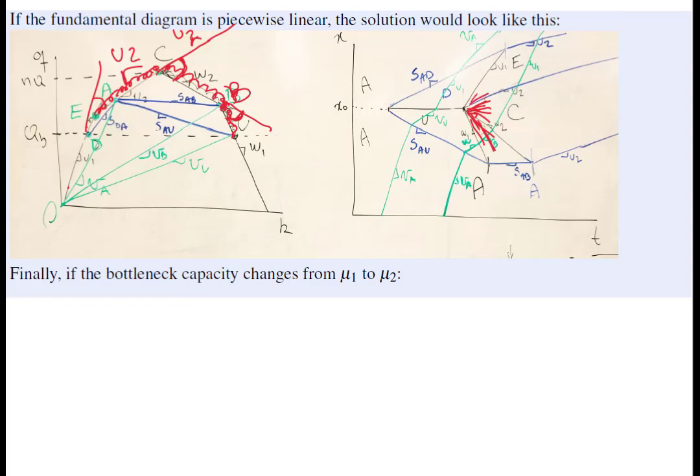So now the fan is traffic state E. And finally, from E to D, which are next to each other, they're in the same line, so it's going to be a straight line with slope U1 between E and D. All right, so please go over this on your own. It's a good example to get a hold of case 2.